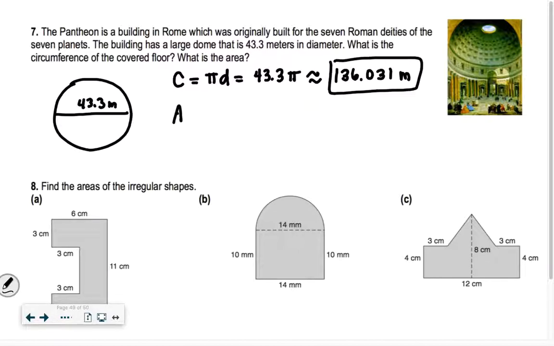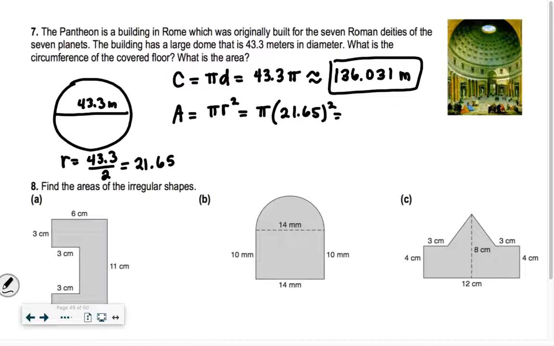So what is the area? So it's pi times radius squared. Well, in order to find the radius, I take my 43.3 and I divide it by 2. So I get 21.65. So I'm going to take my pi and I'm going to multiply by 21.65 squared.